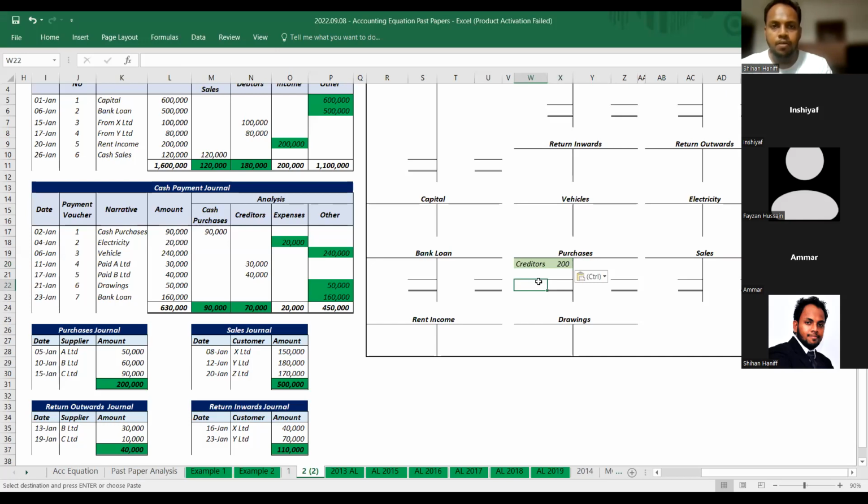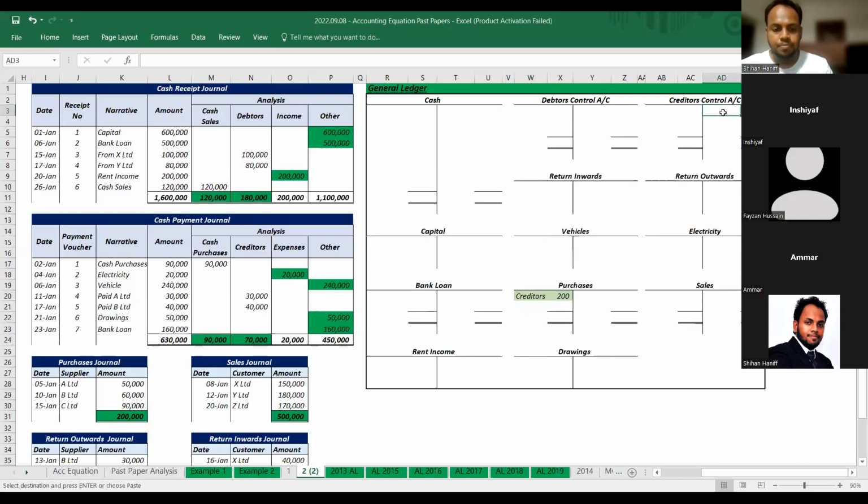Purchases account debit, creditors control account credit, purchases double entry.